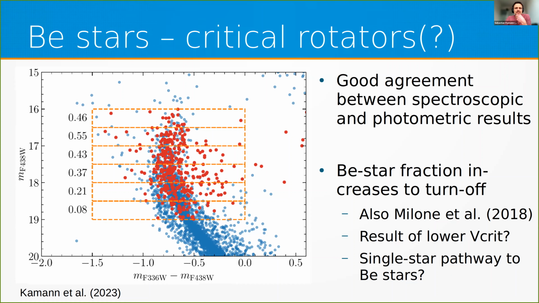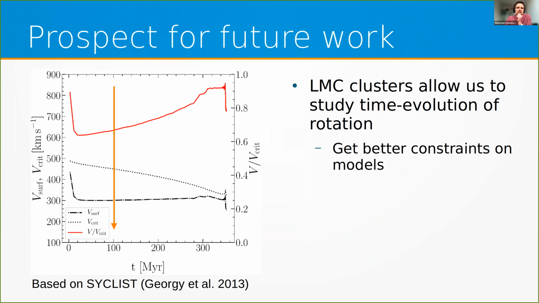Well, I think it's too early to say this, also because you can, under certain circumstances, achieve a similar effect using only binary systems. But I think it's still something that deserves further analysis. And I think there's a huge prospect for future work with MUSE, because if we go back to the theory predictions, then we currently only have one measurement at 100 million years.